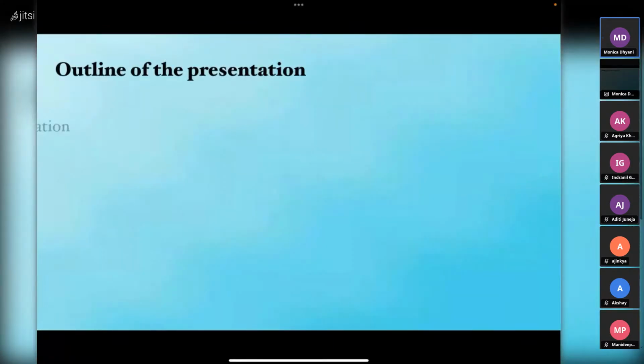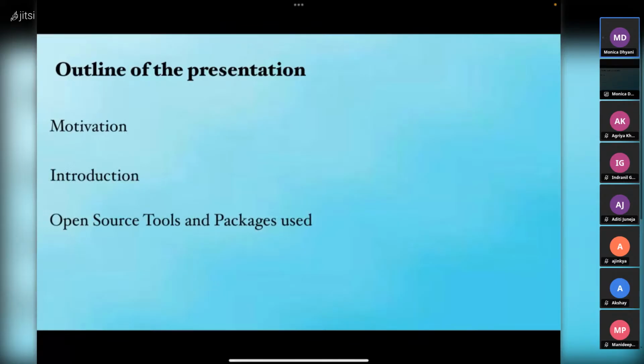Here is an outline of my presentation today. I will begin with the motivation behind this work, followed by the introduction. Then I will highlight the open source tools and packages that I have used in my work. Then I will explain how I use the key network metrics to do the analysis of the network.